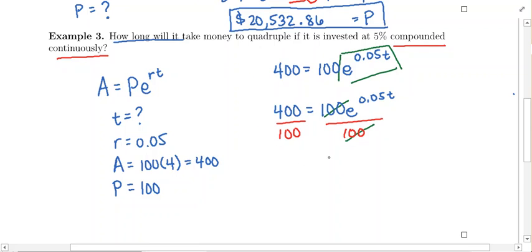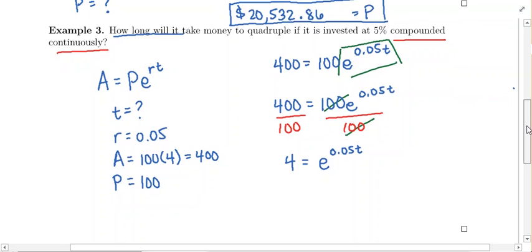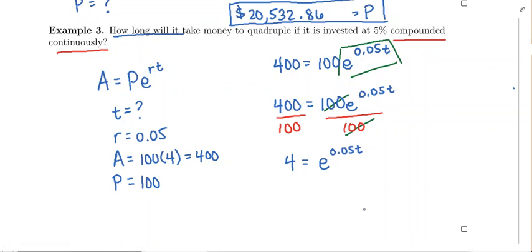On the left, 400 divided by 100 is 4. That is going to equal E to the 0.05 times T. So now that quantity that contains the exponent has been isolated. All right, what did we do next? Once we isolated the exponential piece, then you bring in the natural log.